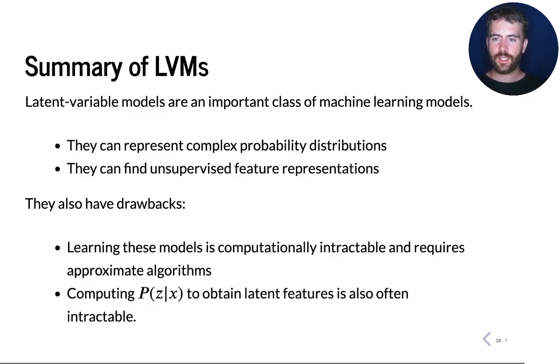We're going to see in the next few lectures several examples of probabilistic models which are latent variable models, and we're going to see how we can learn these models, how we can perform inference, and how we can use them to solve interesting problems in unsupervised learning.